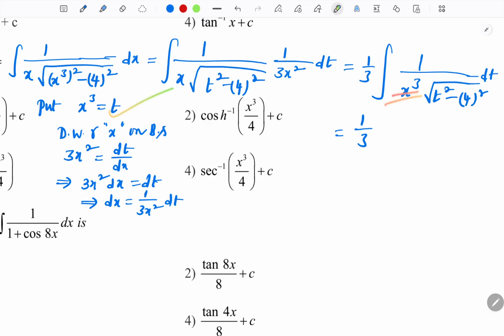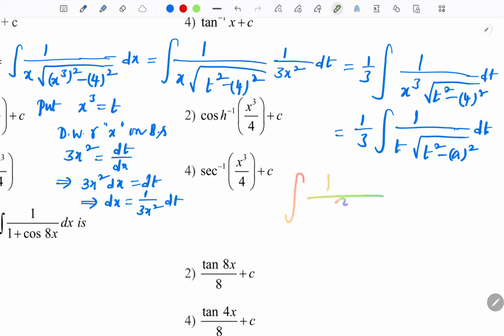It's the substitution t, right? 1 by 3 integral 1 by t under root of t square minus a square dt. It's a straightforward formula, right? What is the straightforward formula? Integral 1 by x under root of x square minus a square dx equals secant inverse of x by a plus c, right? Substitute that one, that's all.